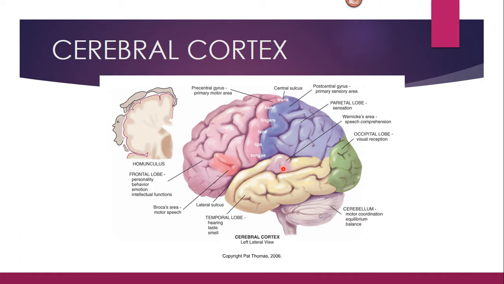Our temporal lobe is responsible for hearing, taste, and smell, and within that we have Wernicke's area, which does speech comprehension. And then our occipital lobe is our visual reception. And then our cerebellum, which isn't truly a lobe, but I think it's still important to know, does motor coordination, equilibrium, and balance. All right.